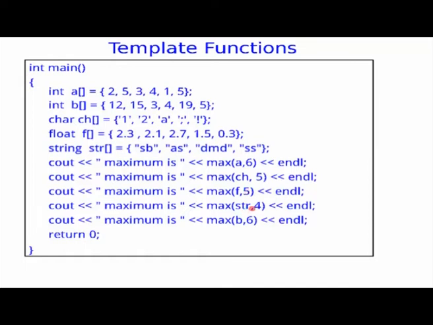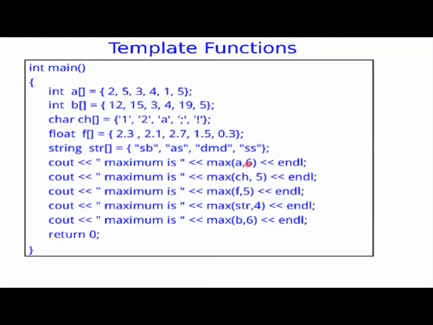At the end of str, there are four concrete functions and the template, one for string added. However, the fifth call, max B comma 6, is found to be an integer array, and in this case the compiler says I have already created a function with A comma 6, please go and use this integer function and do not use the template.